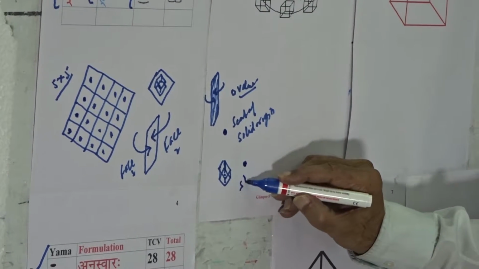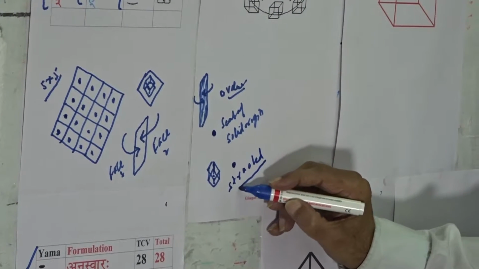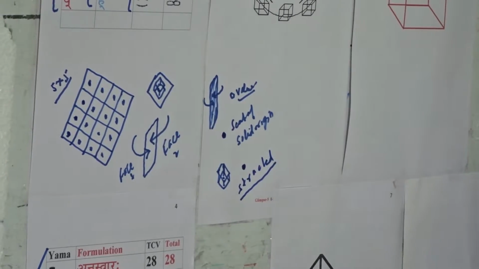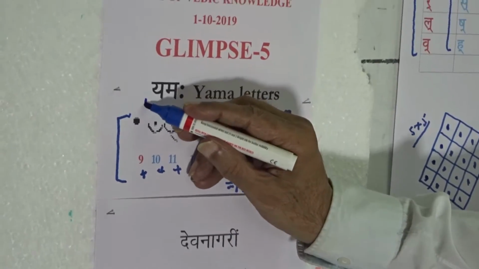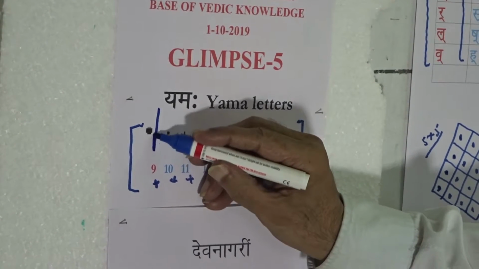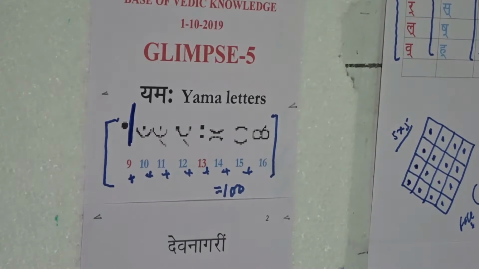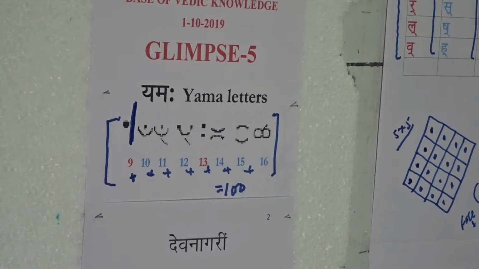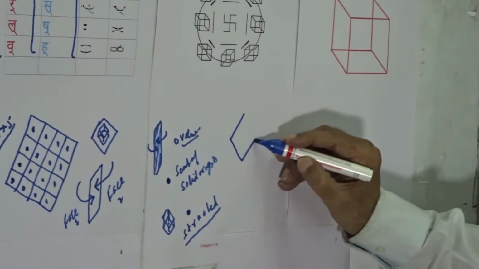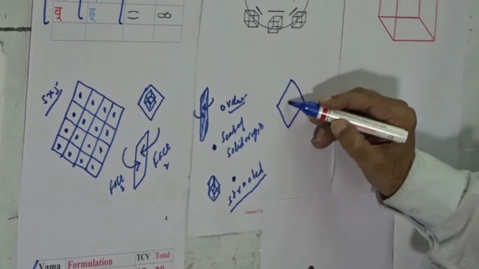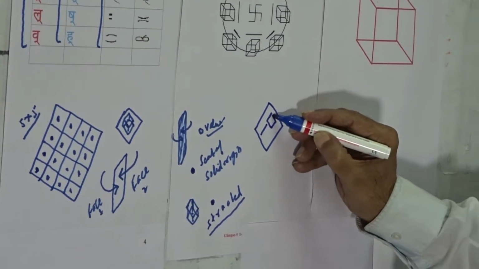This structured point is the symbol, the script form of the first Yama letter. The first Yama letter is a value 0. We know within a square we can have a line as well as a square both.